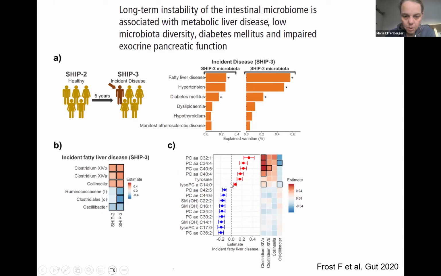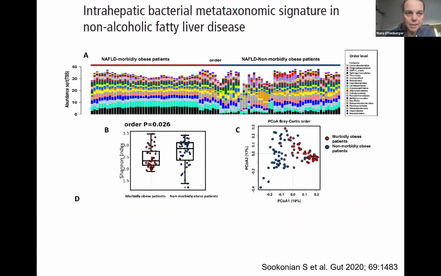And if you look at a metabolomic pathway, you can also see that lysosomals, which are mostly associated with free fatty acids, as you may all know, are going up. And so we can see in this study, in a big human cohort, that the metabolome and the microbiome are interacting with each other.